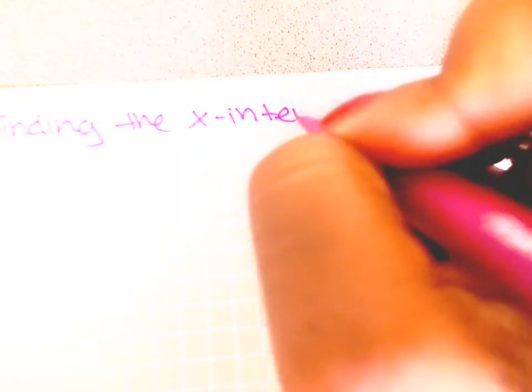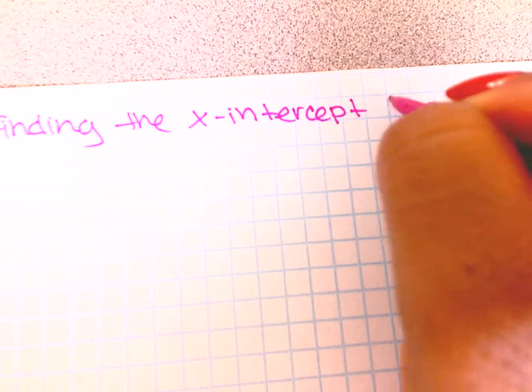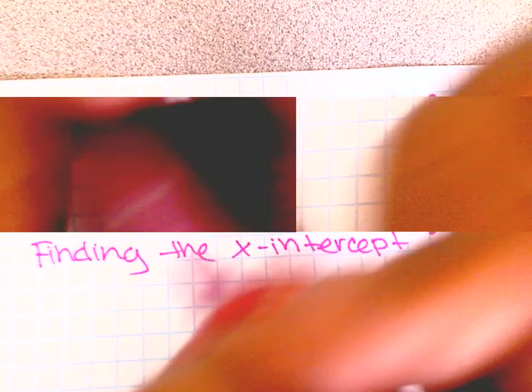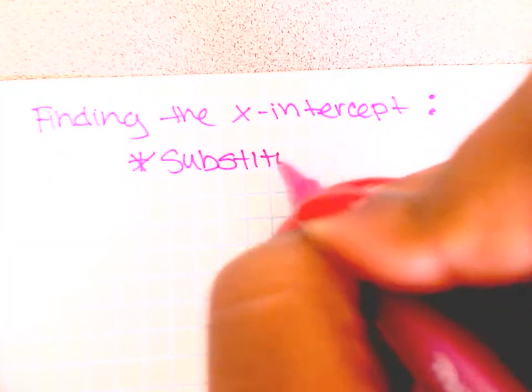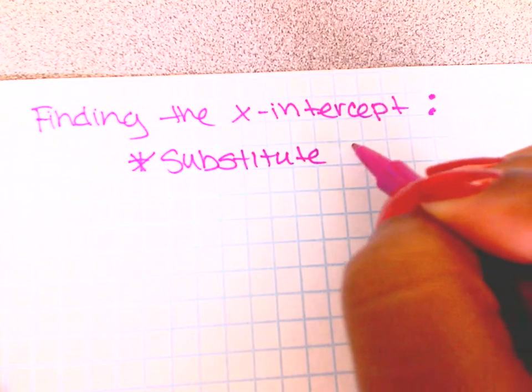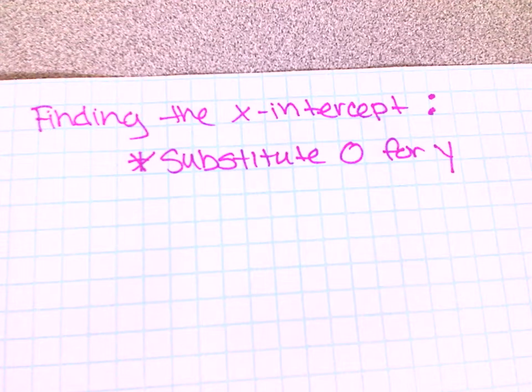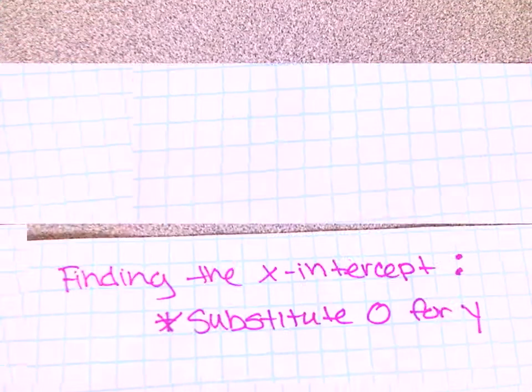All right. So, finding the x-intercept is what you have to do. You're going to have questions on your homework that ask you to please find the x-intercept. What do you need to do for that? You need to substitute 0 for y. So when they ask you to find the x-intercept, all you do is put 0 in the place of y and then solve.